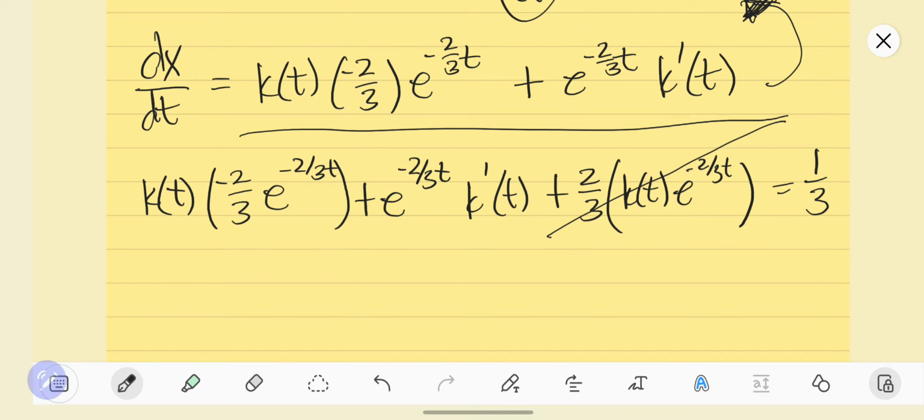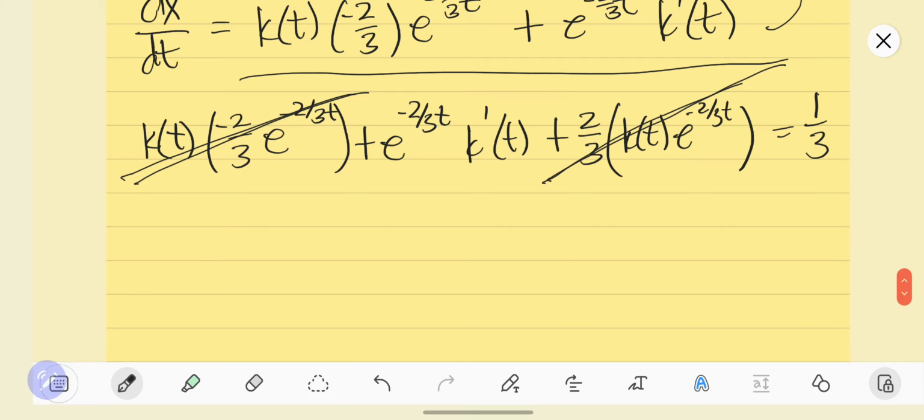We can look back, and you can see that we can cancel this out, this negative 2/3 e to the negative 2/3 t times k of t, and then 2/3 k of t e to the negative 2/3 t. So that would be the magic of this step.